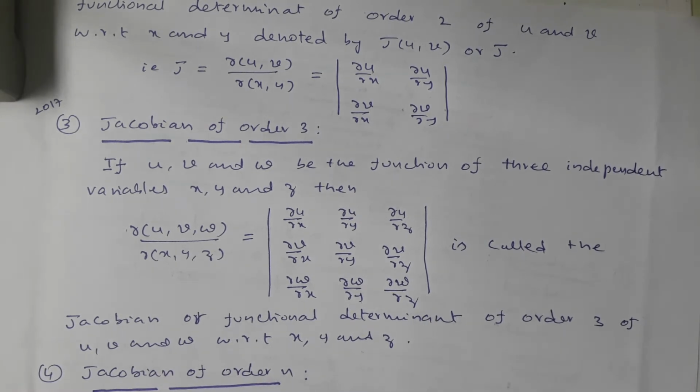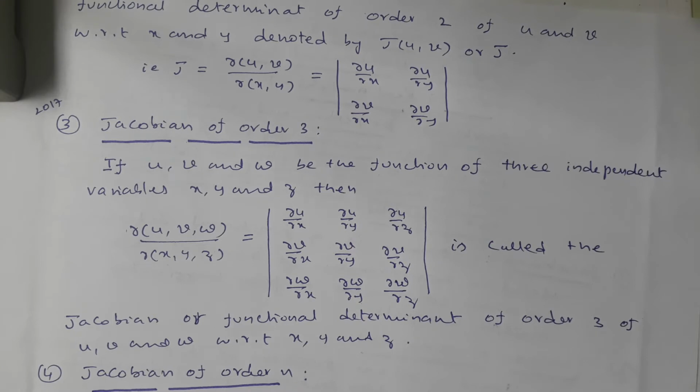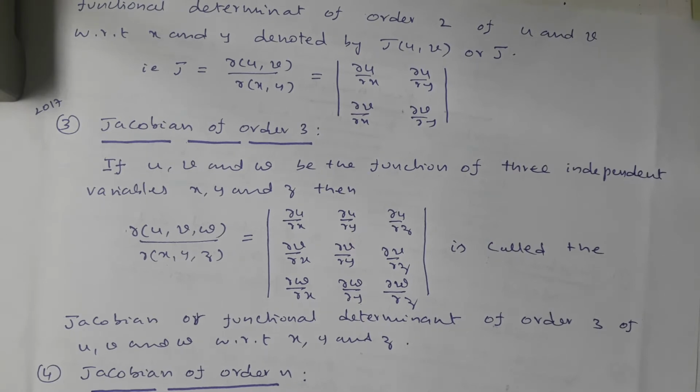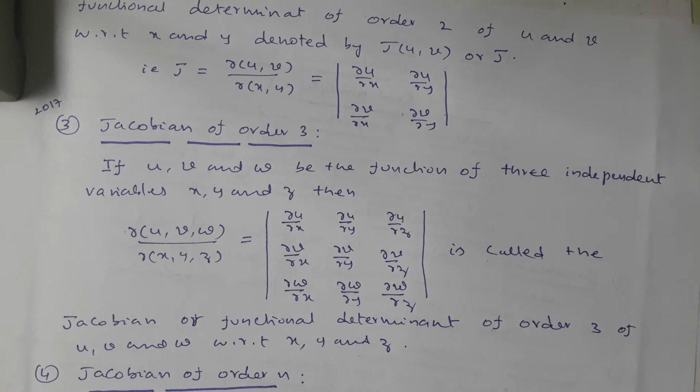So Jacobian of order n, so that n functions with respect to n independent variables and its partial derivatives.